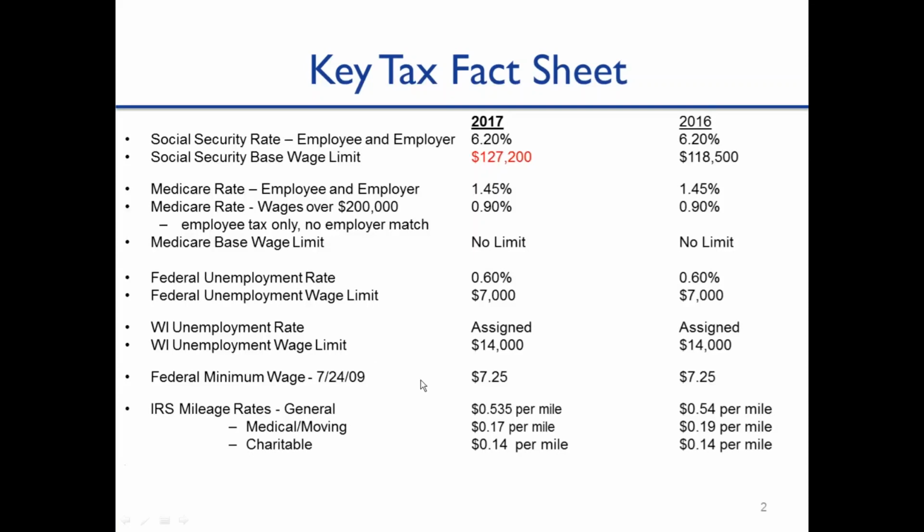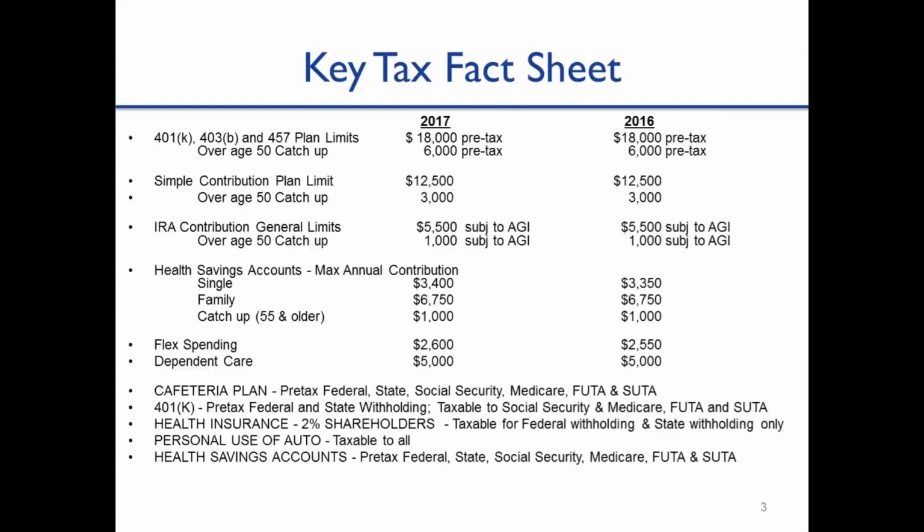Your federal minimum wages: if your state minimum wage is higher than federal, you have to abide by the state. Your IRS mileage rates are the standard mileage rates for reimbursement. And then you've got your 401k, SIMPLE limits, all your different limitations.